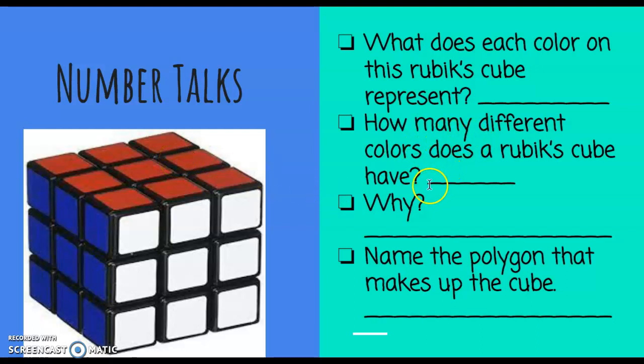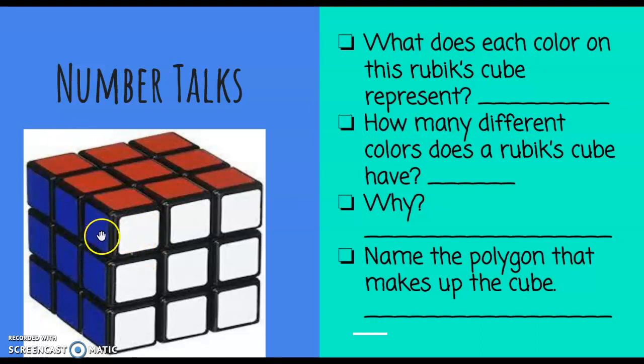How many different colors does a Rubik's Cube have? Okay, now we're getting to how many faces are on this Rubik's Cube. The amount of faces will tell us how many colors are on this particular Rubik's Cube. So we know we have a face here, one. This is white. On the opposite of white, there's another one, so that will be two.